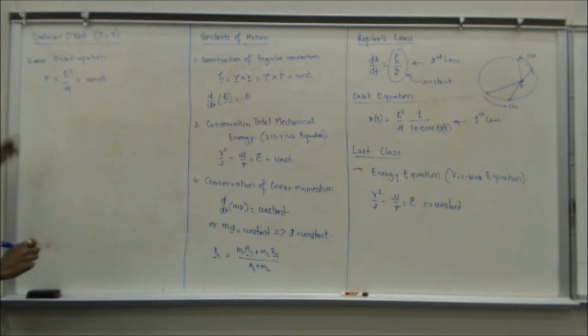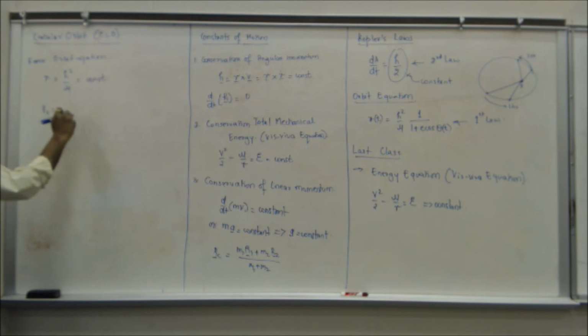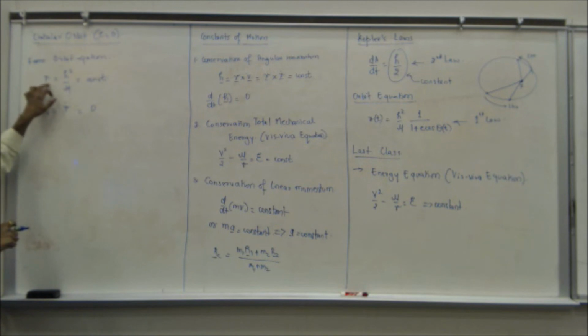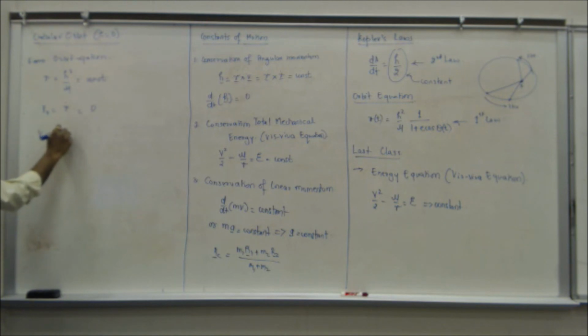Since this is constant, remember what v_r is? v_r is just r dot, right? So this is 0, because r is a constant. So your v is always just the tangential component for an orbiting body in a circular orbit.